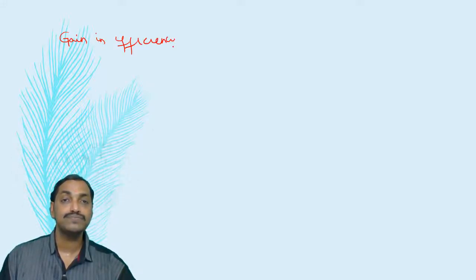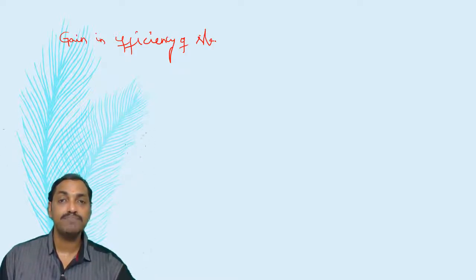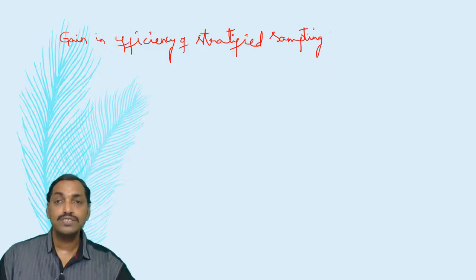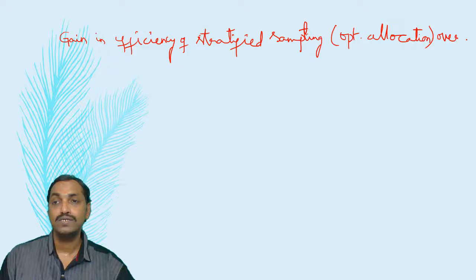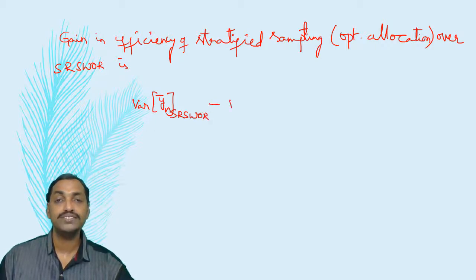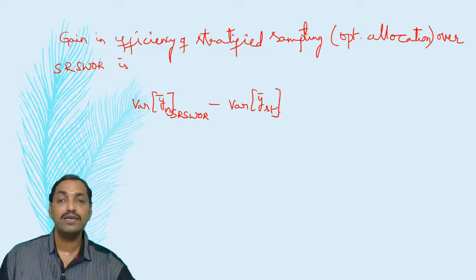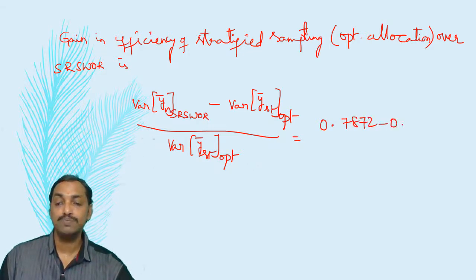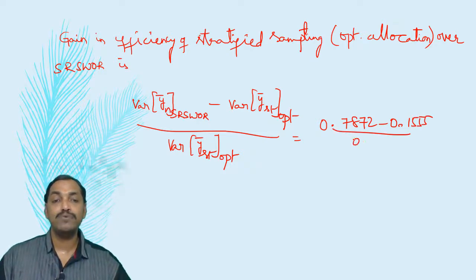Similarly, gain in efficiency of stratified sampling using optimum allocation over simple random sampling without replacement is variance of y n bar in simple random sampling without replacement minus variance of y bar st in optimum allocation divided by variance of y bar st in optimum allocation, which is equal to 0.7872 minus 0.1555 divided by 0.1555.